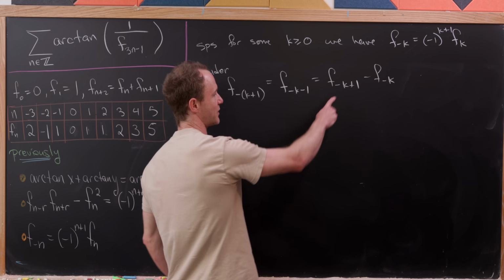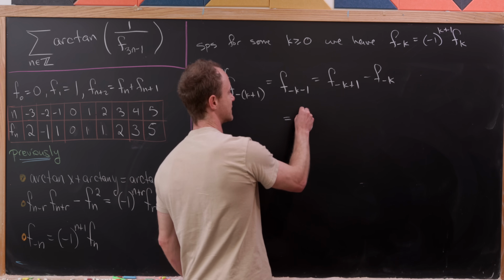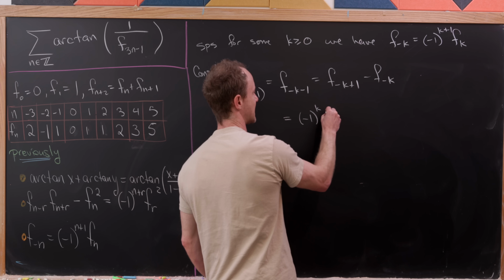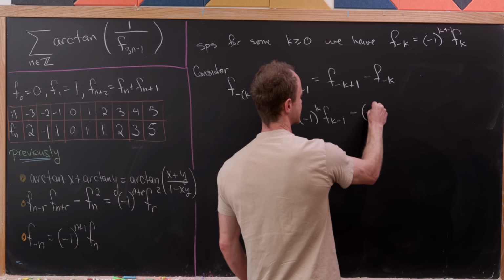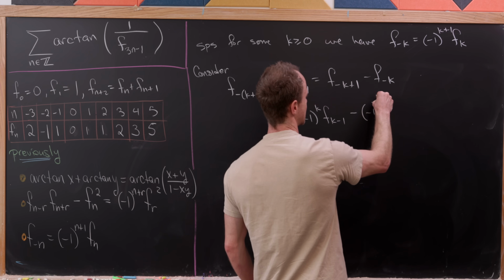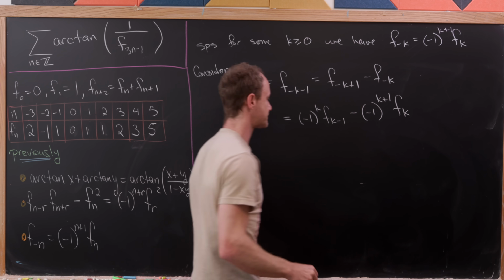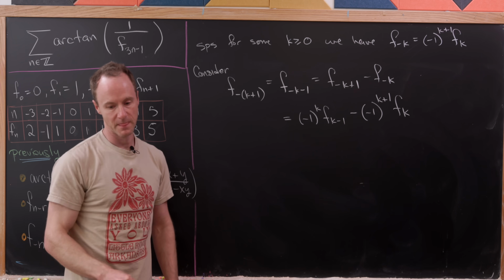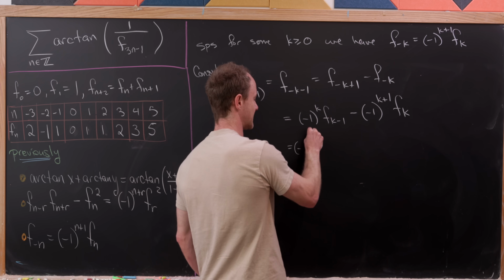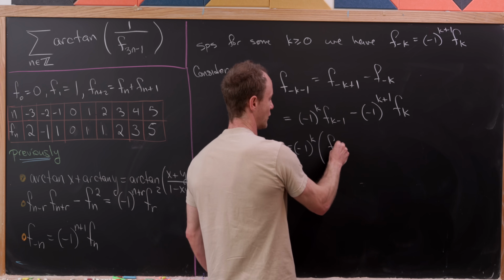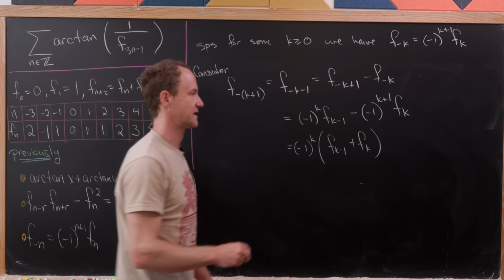So anyway, we'll apply the induction hypothesis to this right-hand side. And notice here, this will give us (minus 1) to the k, and then f sub k minus 1, and then (minus 1) to the k plus 1 times f sub k. Okay, great. But now notice that we can factor a (minus 1) to the k out of this, and we'll be left with f sub k minus 1 plus f sub k, just like that.